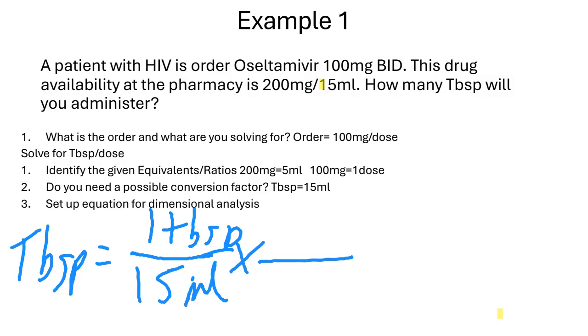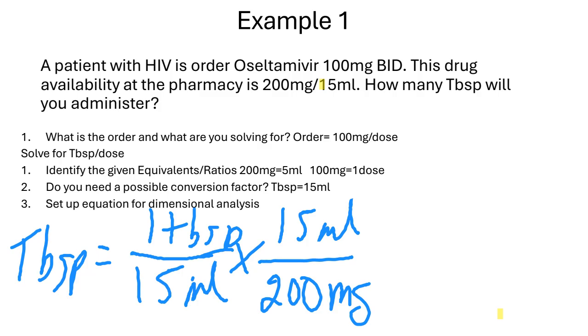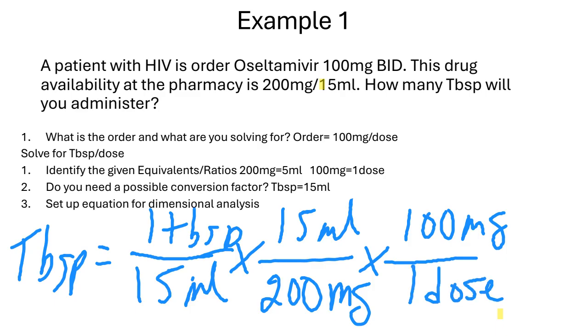So the pharmacy is going to give you the drug in a presentation where 5 mLs is going to contain 200 milligrams. And now we can go with the order, okay? So the order is telling you that's going to be 100 milligrams per dose. So like I said earlier, anytime you see administer, that means dose.